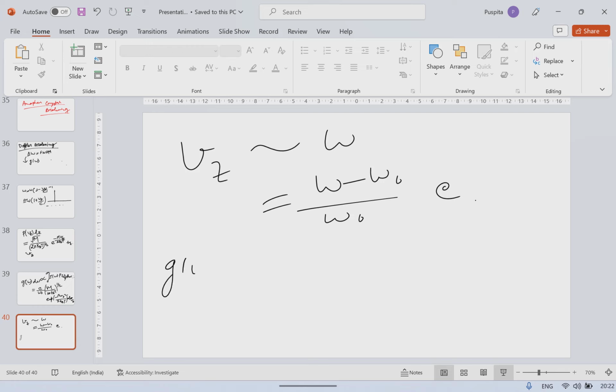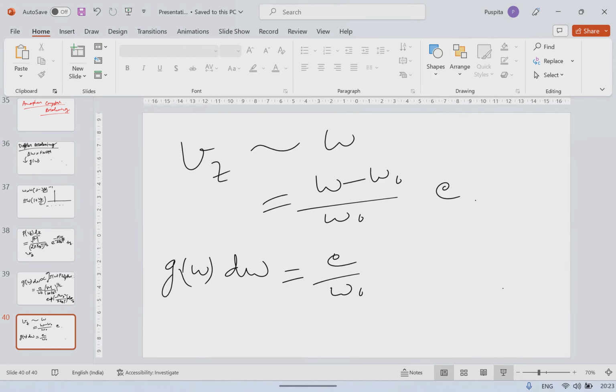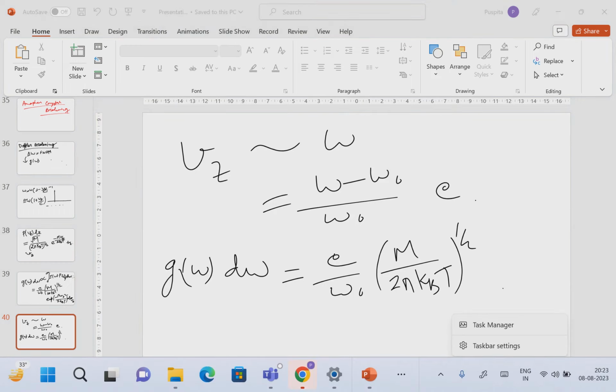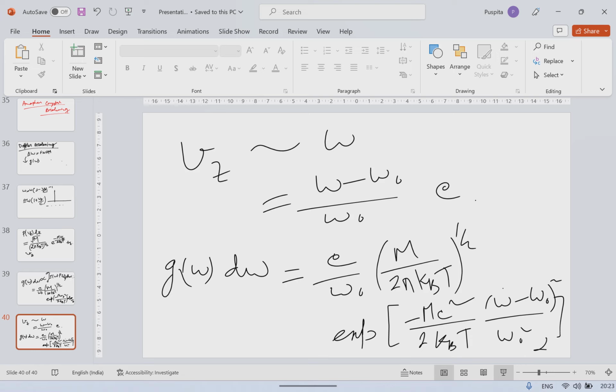So g omega d omega is equal to c by omega naught, (m over 2 pi kB T) to the power half, exponential of minus m c squared over 2 kB T, times (omega minus omega naught) squared over omega naught squared, times d omega.